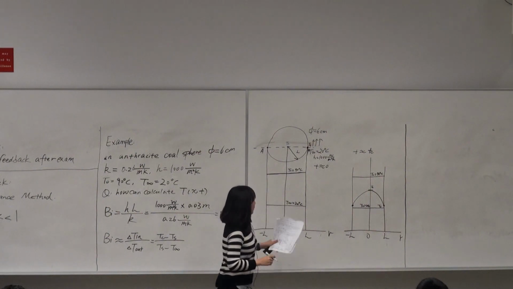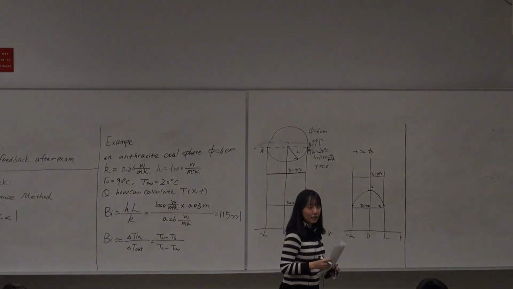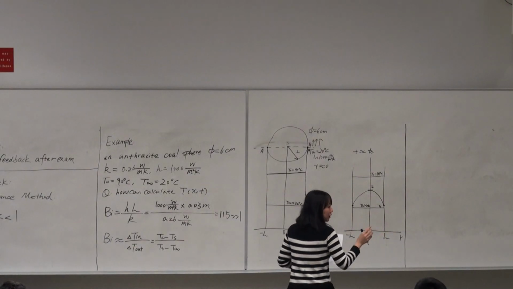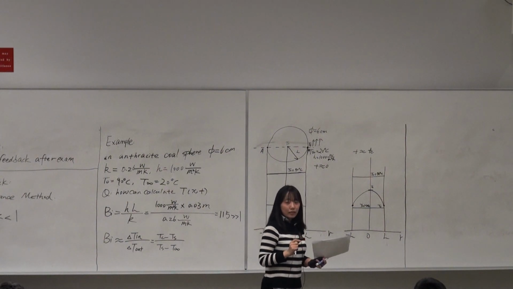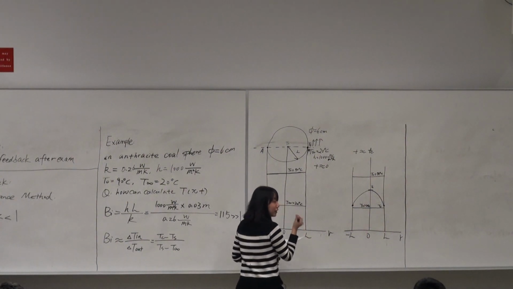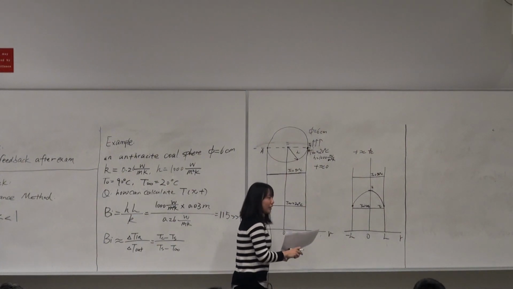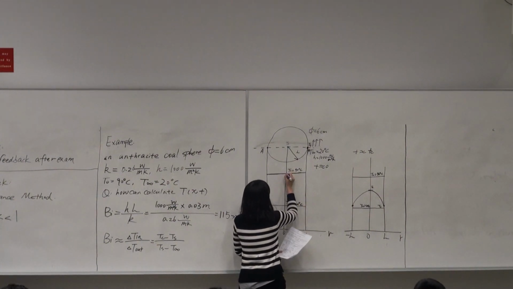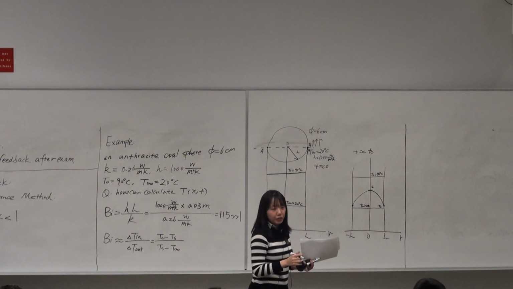Then what happens shortly after the cooling process starts? Let's consider separately. How about the center temperature? Consider a very short period of time. The center does not realize what happened outside, still remained as its initial temperature.